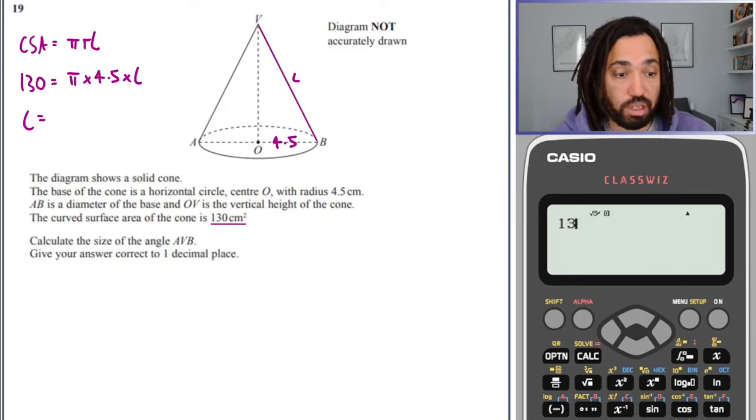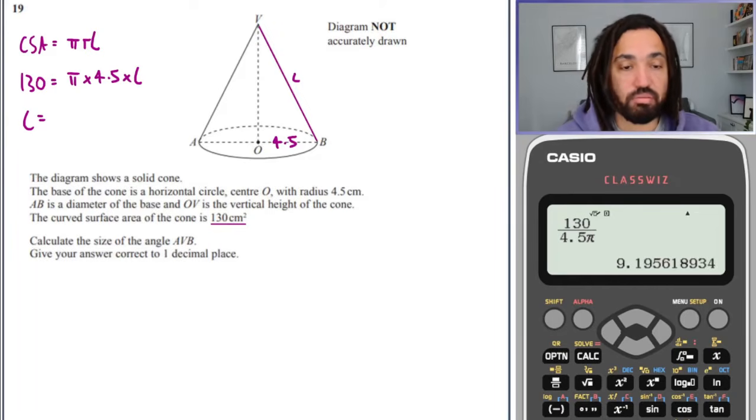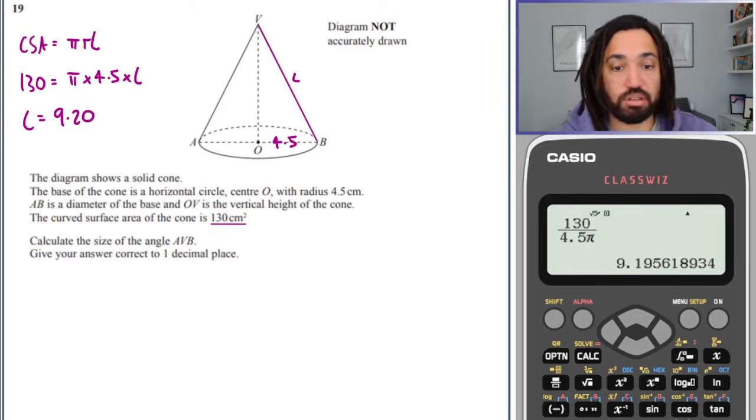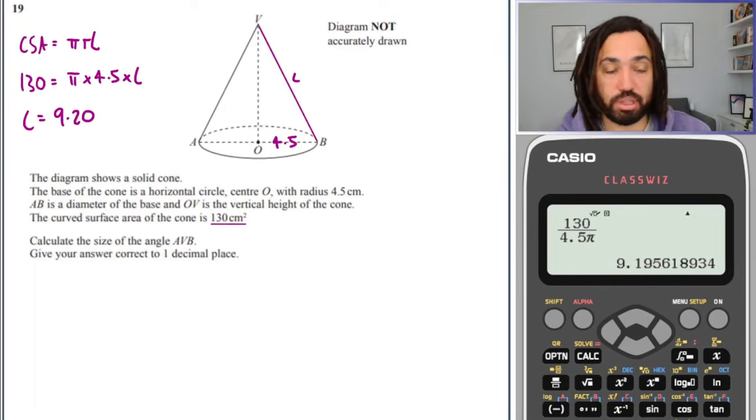So it will be 130 divided by pi and divided by 4.5, so the same as dividing by 4.5 times pi. Okay, great, so that's 9.20 to 2 decimal places. That should be enough degree of accuracy.